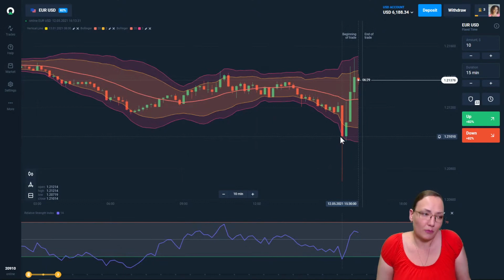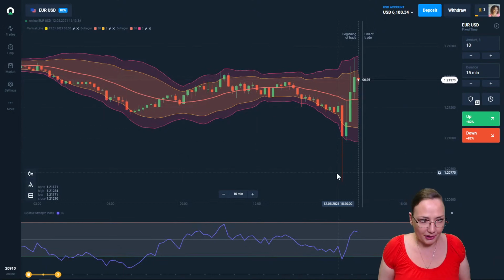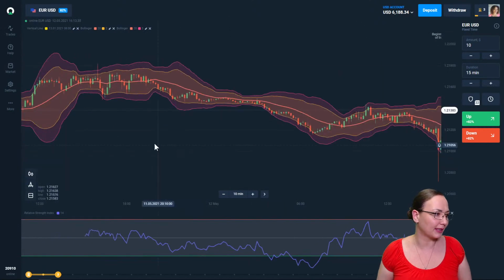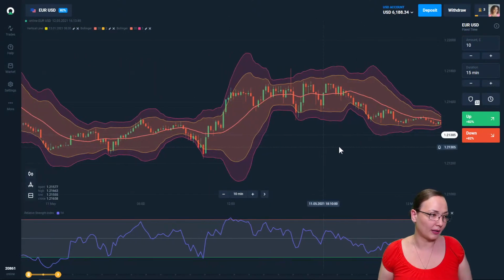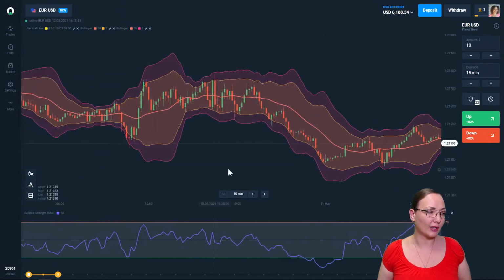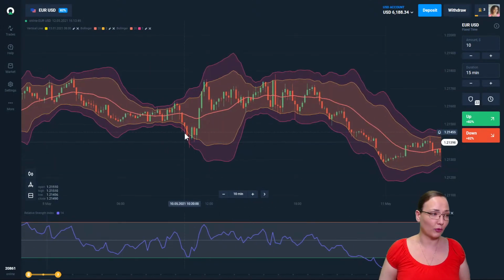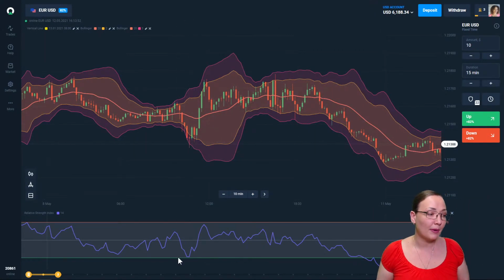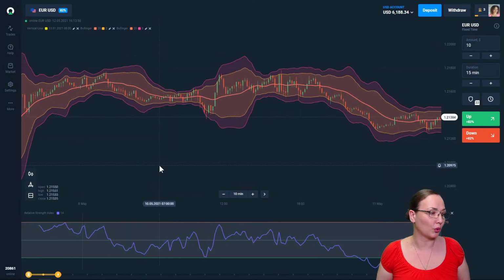Here we can see this was a very huge spike out of the third deviation, but this is a news release, so this is not something that I really want to focus on. But just pay attention that you can use the RSI oscillator as a confirmation. For example, right here we have this breach of the third deviation and we start to move up, and as we can see on the RSI, we're also near the oversold area.